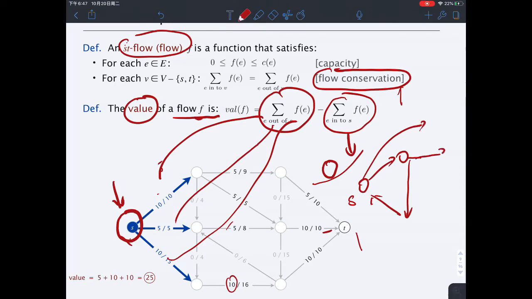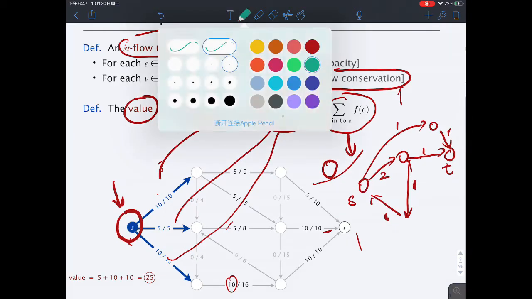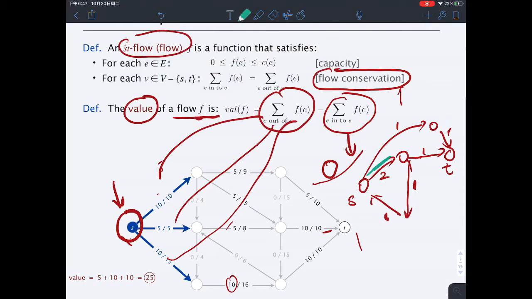So let's think about one flow that's behaving a little bit silly, but that's allowed. Let's say S is over here and T is over here. Let's say I push 2 units of flow out.